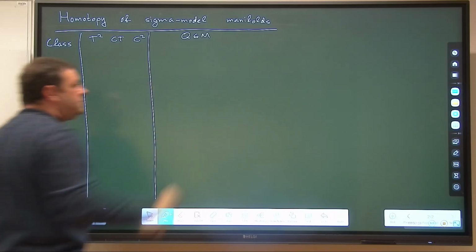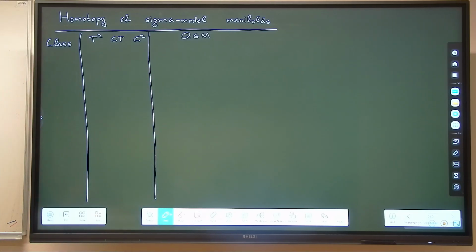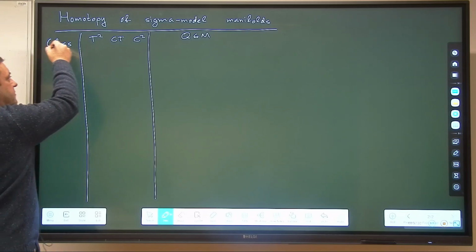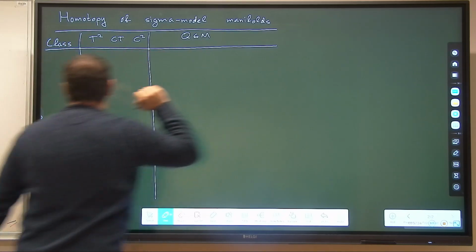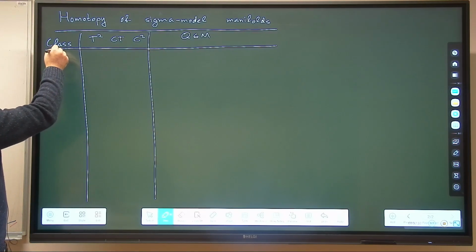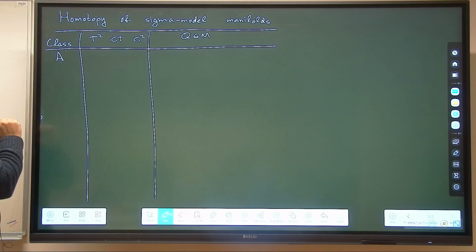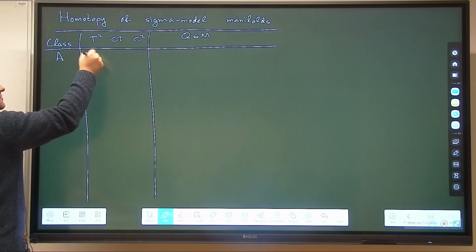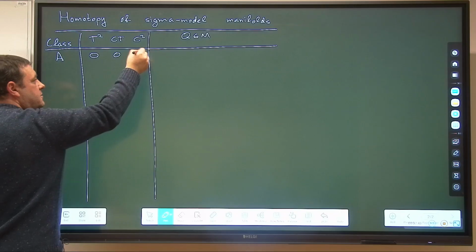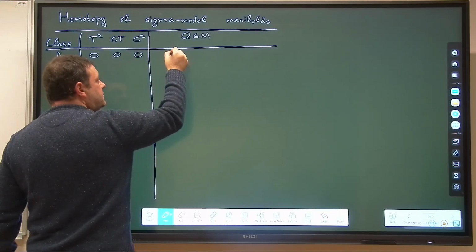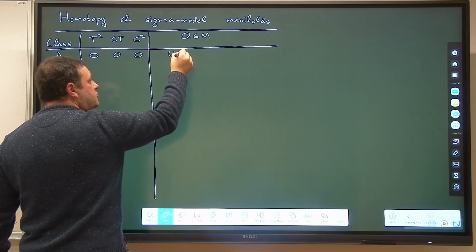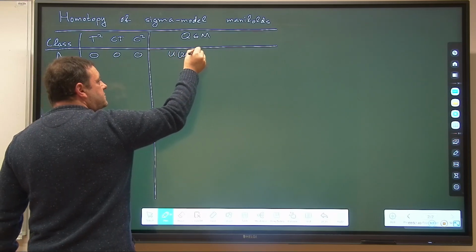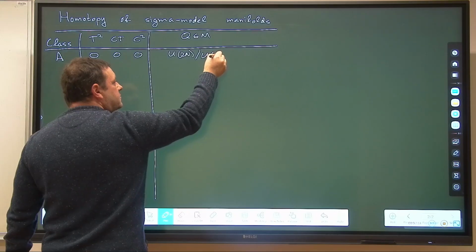And then we will discuss what homotopy groups are. So, unitary class A, the simplest one. No symmetries, 0, 0, 0. Q matrix lives in the space U(2n) divided by U(n) times U(n).